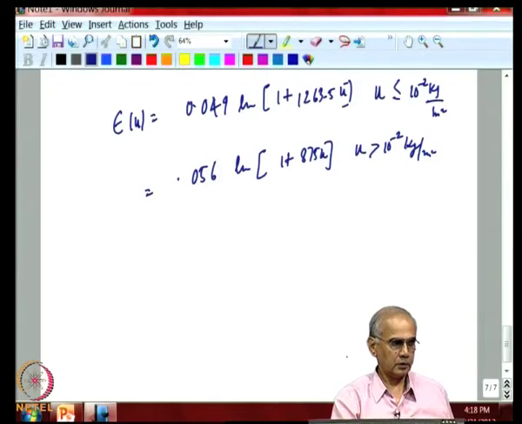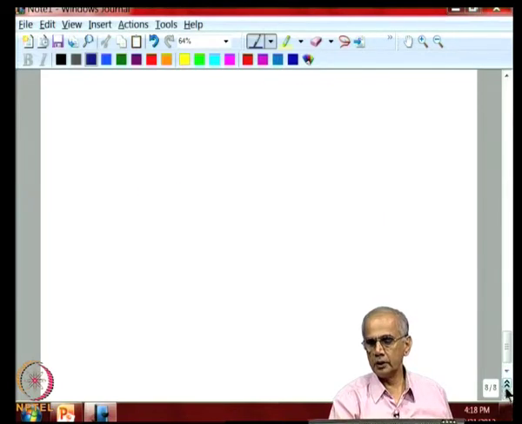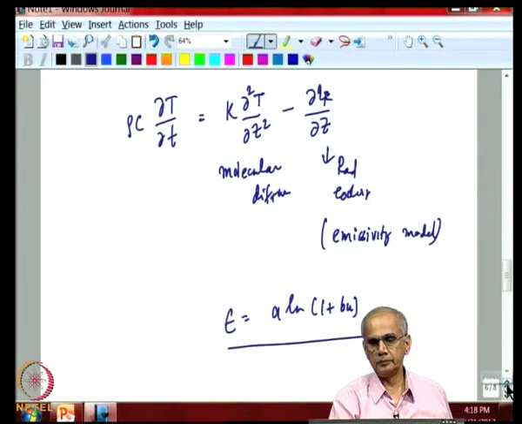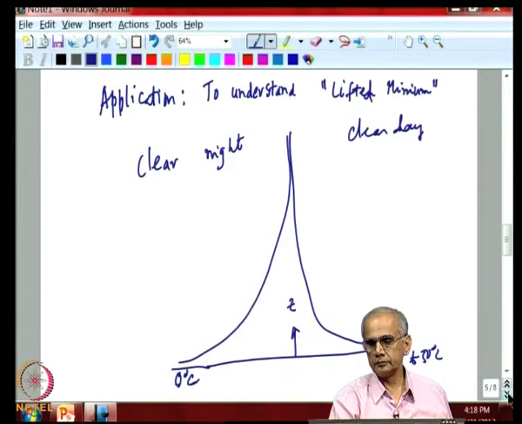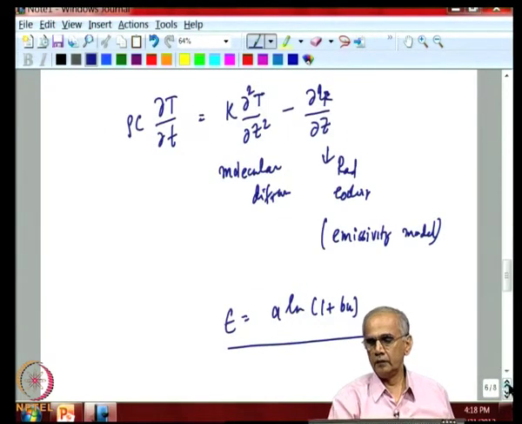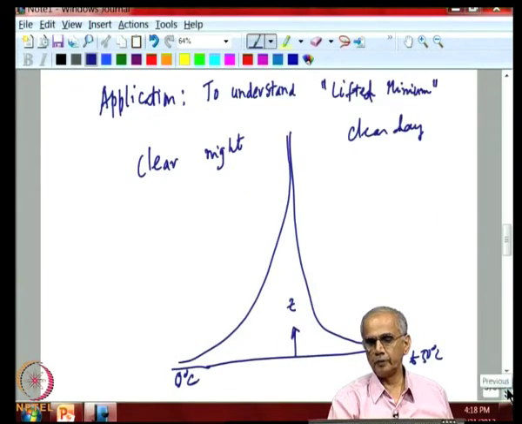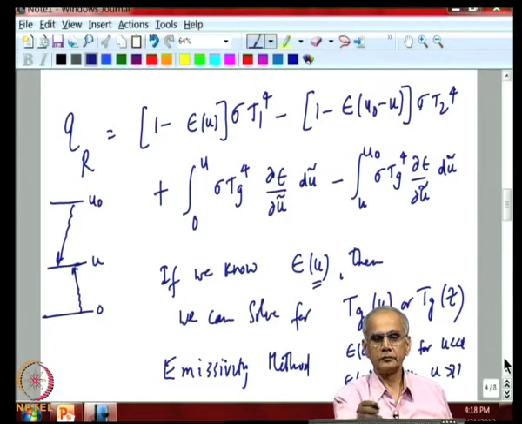So, this was used in this equation, wherein the dqr/dz was obtained from this equation.